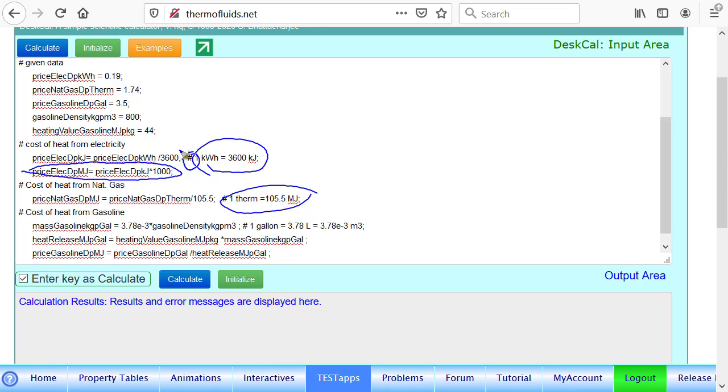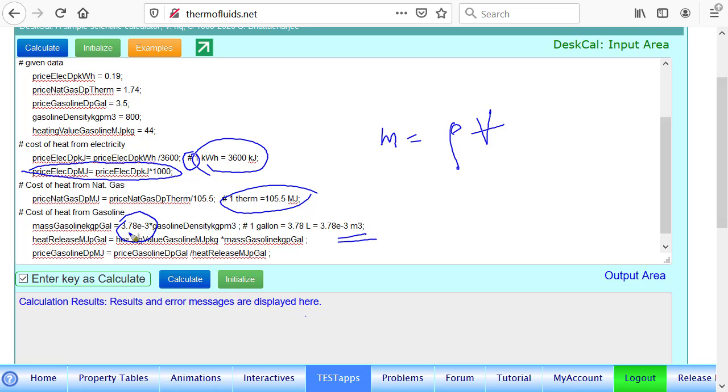The gasoline price is a little bit more complicated because we buy gasoline by volume. So first of all, how much gasoline mass do we buy with that money, and then how much heat will that mass produce. The mass in kilogram in 1 gallon is, as we all know, density times volume. A gallon is 3.78 times 10 to the minus 3 cubic meters. We saw that already.